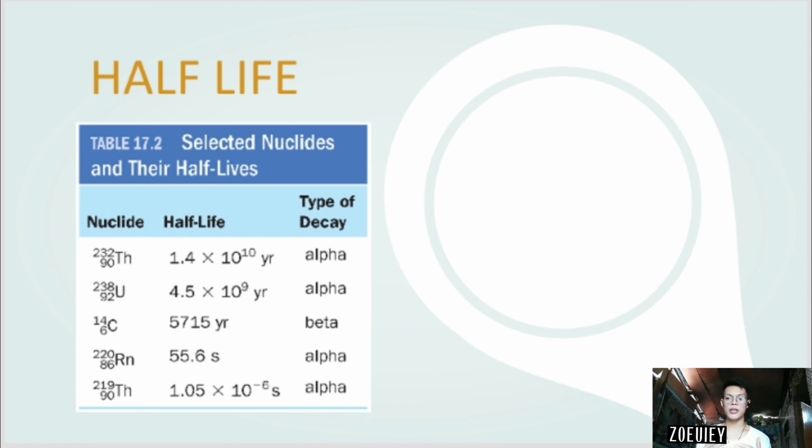They easily penetrate paper but are stopped by a 0.5 centimeter sheet of lead, while the gamma rays, with neither mass nor charge, have the greatest penetrating power.